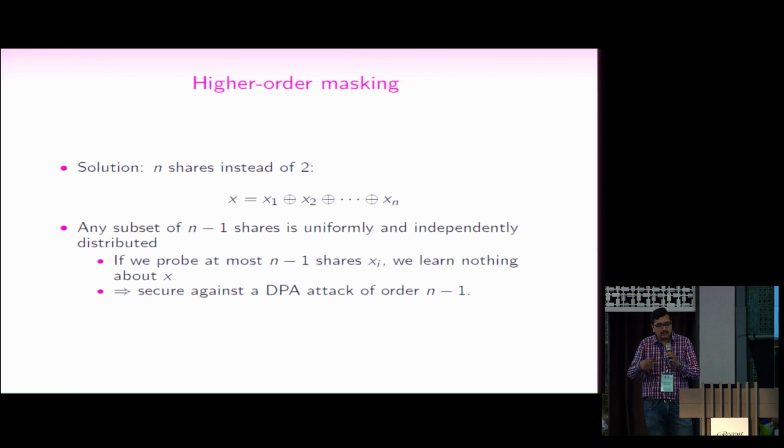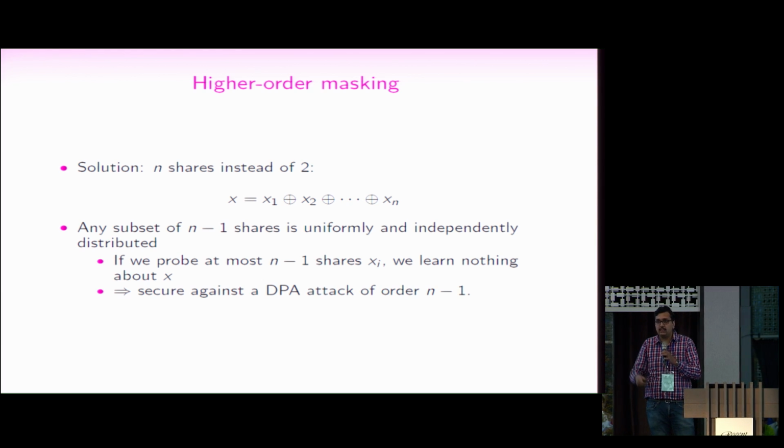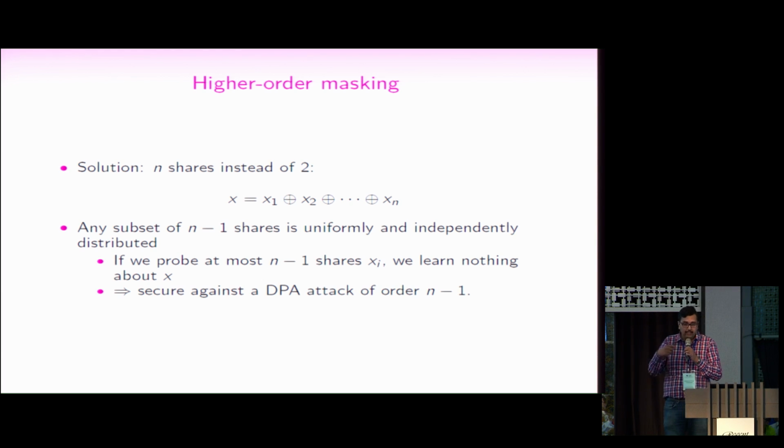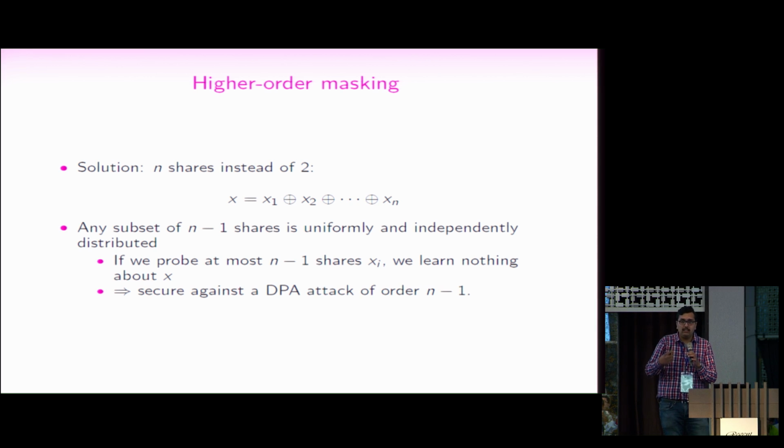That means that the algorithm is secure against a DPA attack of order n minus 1. So with n shares, n minus 1 is the optimal security we can achieve. Quite often it turns out in practice that one can only achieve security of less than n minus 1 using n shares.